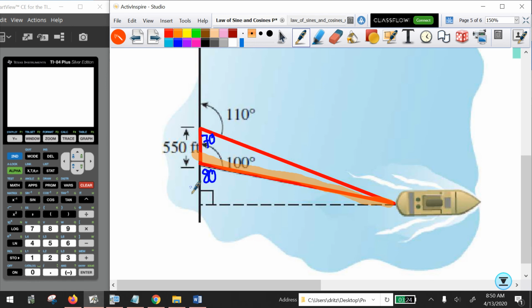We can now use the fact that angles in a triangle add up to 180. 70 plus 100 is 170, which makes this little missing angle 10. And 80 plus 90 is 170, which makes this little angle here 10.